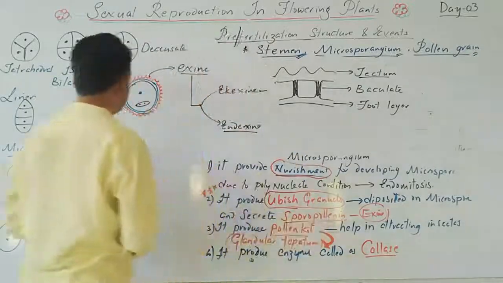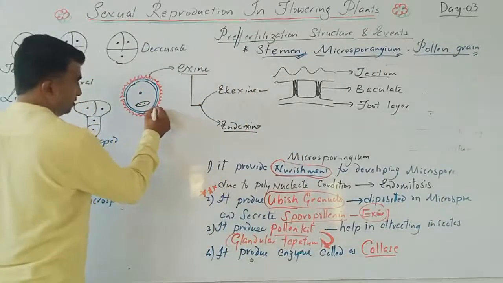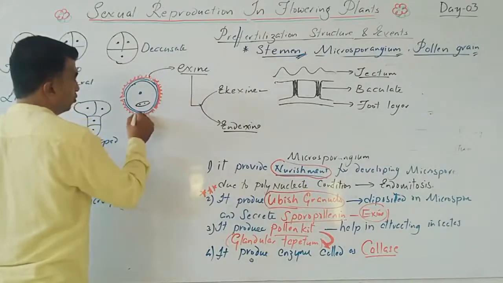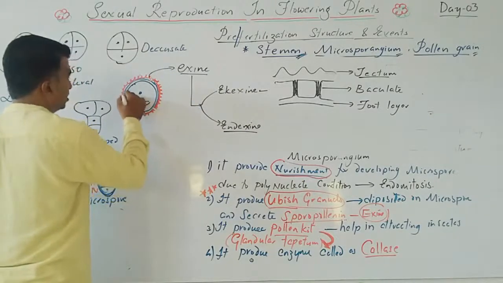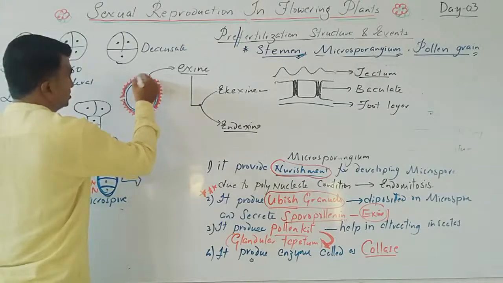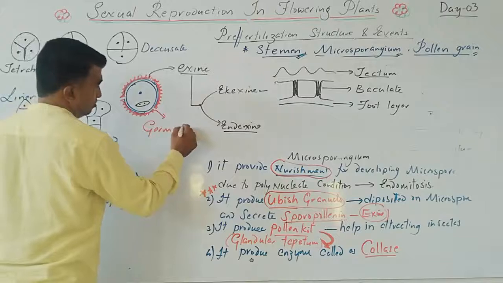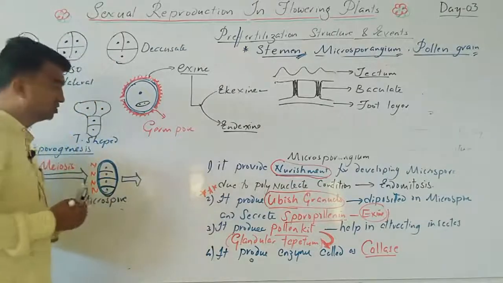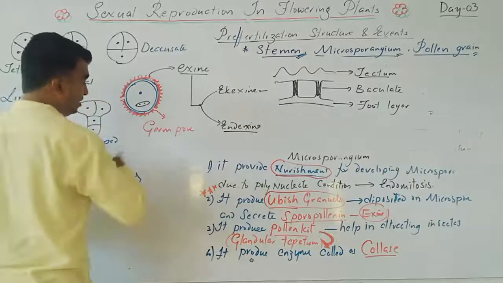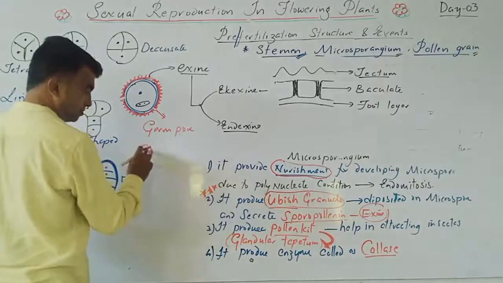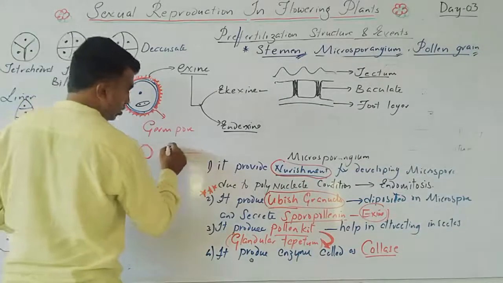So wherever sporopollenin is not deposited, that is called the germ pore. The germ pore is there. So exine is important. This is the germ pore. So the germ pore may be in a spherical manner, an open space, or a longitudinal furrow.